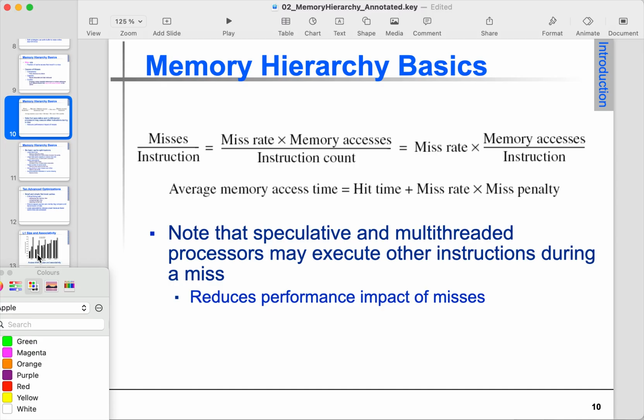The misses and the miss rate times the successfully accessed rate, divided by the instruction count, would give us the ratio of the hit and miss ratio.